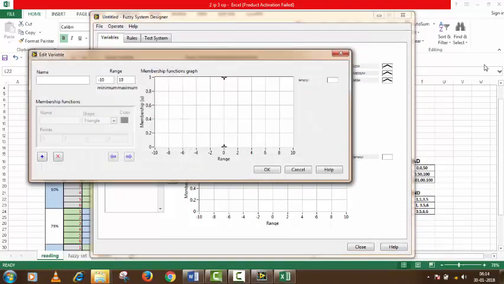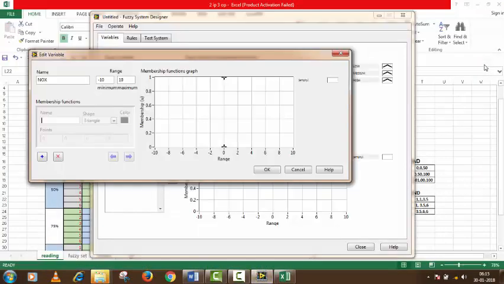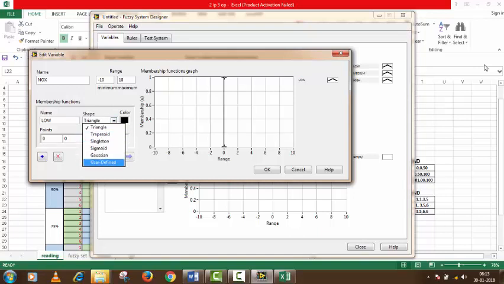Coming to here, what happens? We have to frame NOx. What's the NOx range? 0.03 to 0.29, and low is 0.03 to 0.16. Here you can choose triangle, trapezoidal, single segment, Gaussian, or user defined.